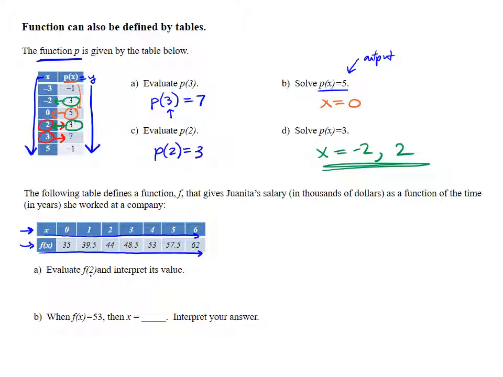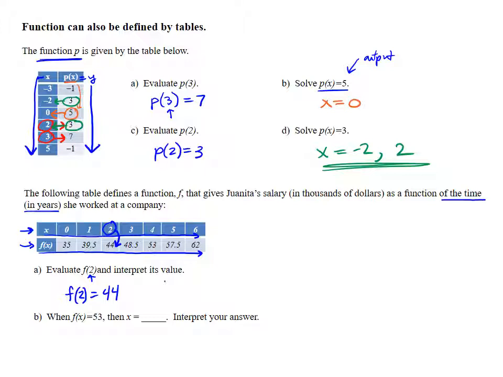If we wanted to evaluate f of 2, 2 is the x value. When x is 2 in the table, the corresponding y value would be 44. So f of 2 would be equal to 44. To interpret that, we want to say what that means. Remember, 2 is an x value, and it's going to give us as an input, the input of this function is the time in years that she worked.